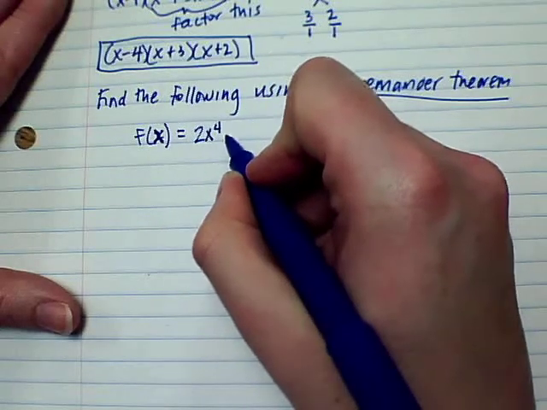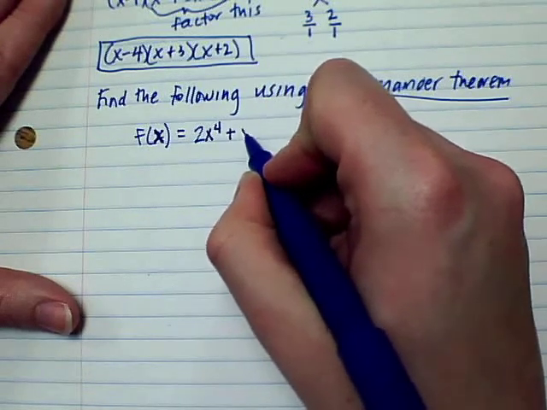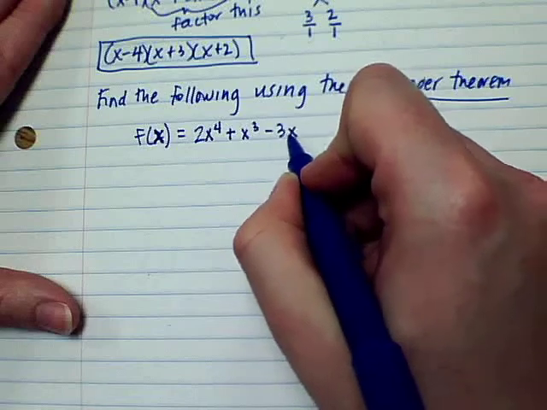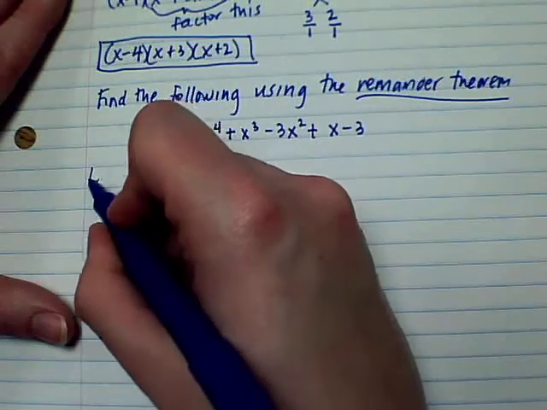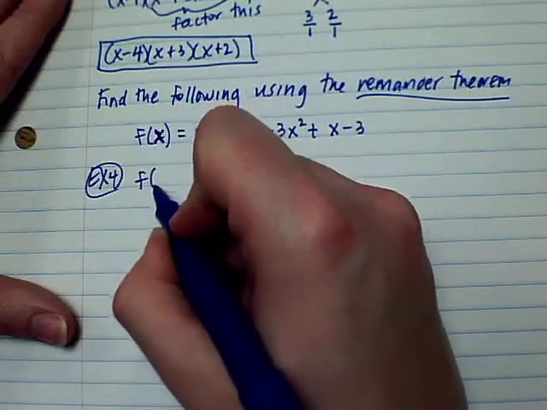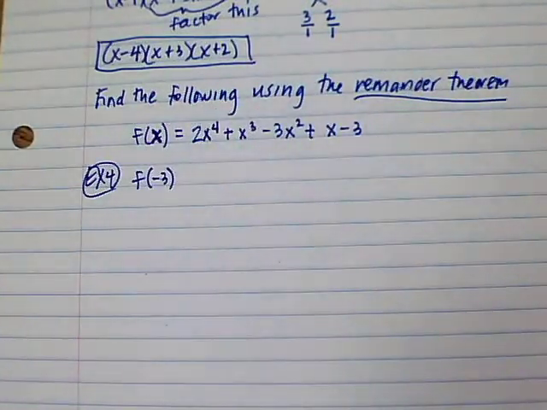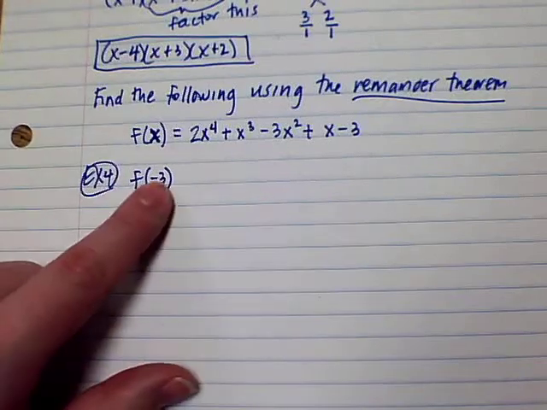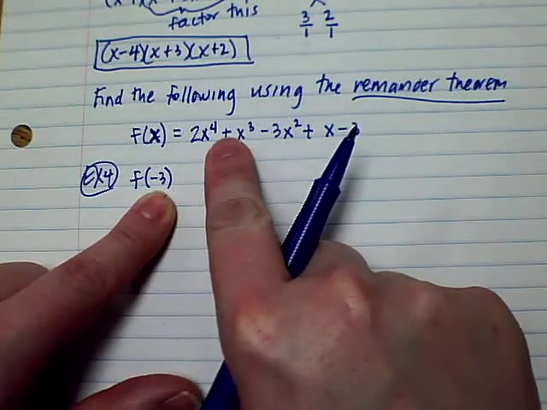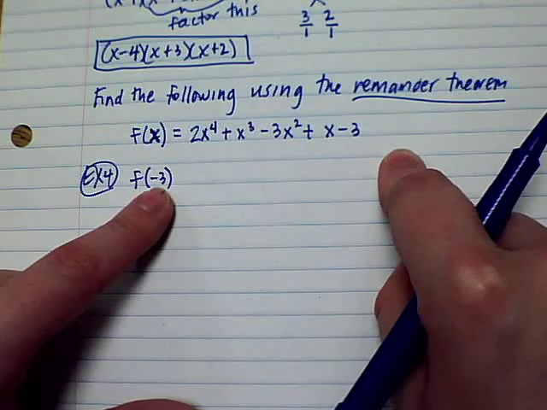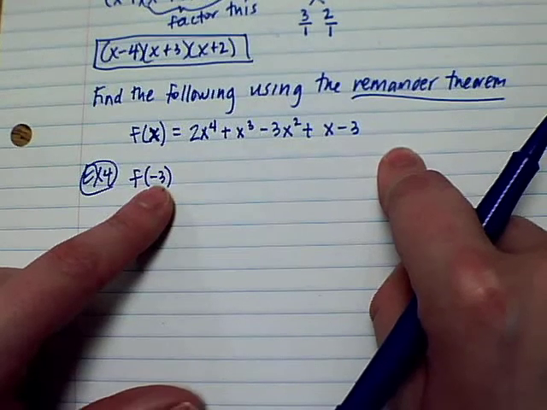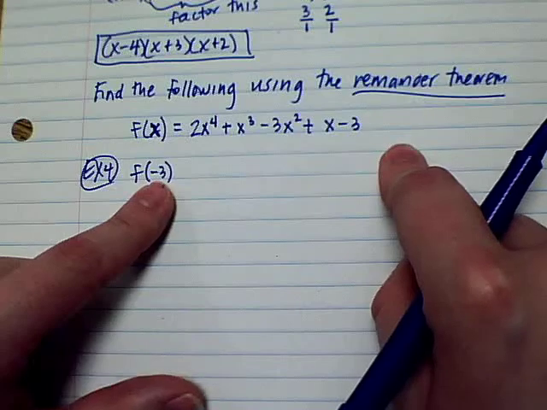So if I have 2x to the 4th plus x cubed minus 3x squared plus x minus 3, and I want to find f of -3, prior to right now, that means I would take -3 and replace all of the x's for it and solve. Okay, so we're going to be able to find that in a hopefully faster way.